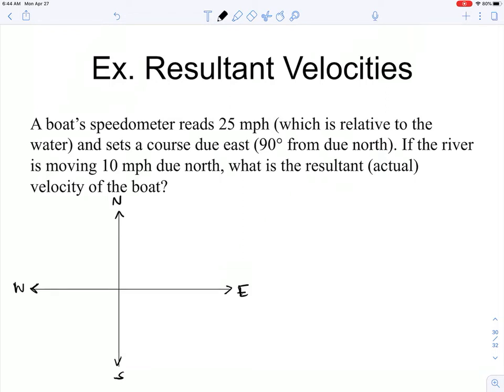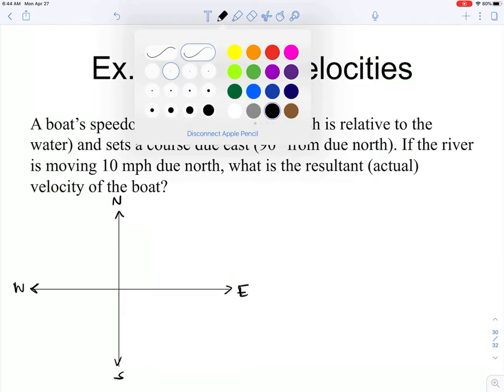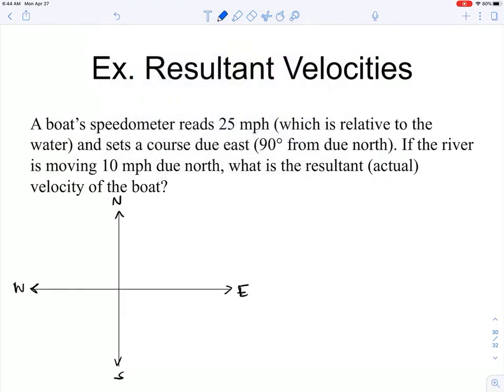Okay, and the boat's speedometer, so the velocity that the boat is attempting to drive at has a magnitude or speed of 25 miles per hour and a direction of due east. So I'm going to draw a vector to represent that. So east direction, and then the speed being 25 miles per hour.